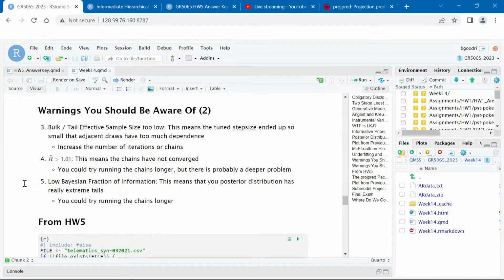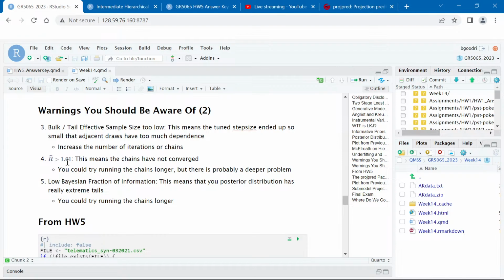You can increase the number of iterations after warm-up or the number of chains, particularly if you have extra cores on your computer. That doesn't really take additional time, and you get more effective sample size. But in this situation, it means your model may not be super great in the first place. You need a good number of effective draws in order to do the posterior predictive checks and ascertain that for yourself.